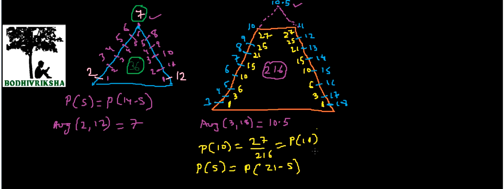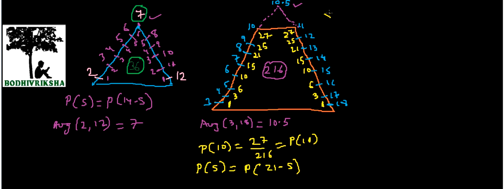Now we want to know why we are getting these numbers, where these numbers are being sourced. Similarly, as we dealt with in the last video, we'll check it out. Let's say we are talking about the number of ways of getting the sum as 10.